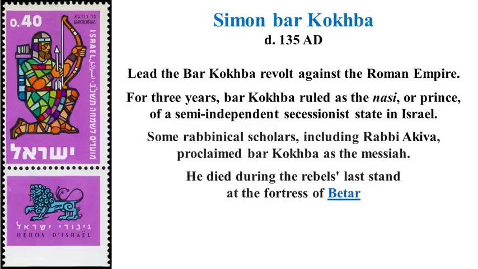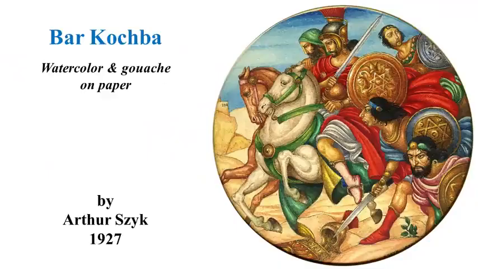Some rabbis, including Rabbi Akiva, proclaimed Bar Kokhba as the Messiah. Unfortunately, he died during the rebels' last stand at the fortress of Betar. He's a very famous Jewish man who they put on the short list as Messiah. You can see modern day postage from Israel celebrating him.